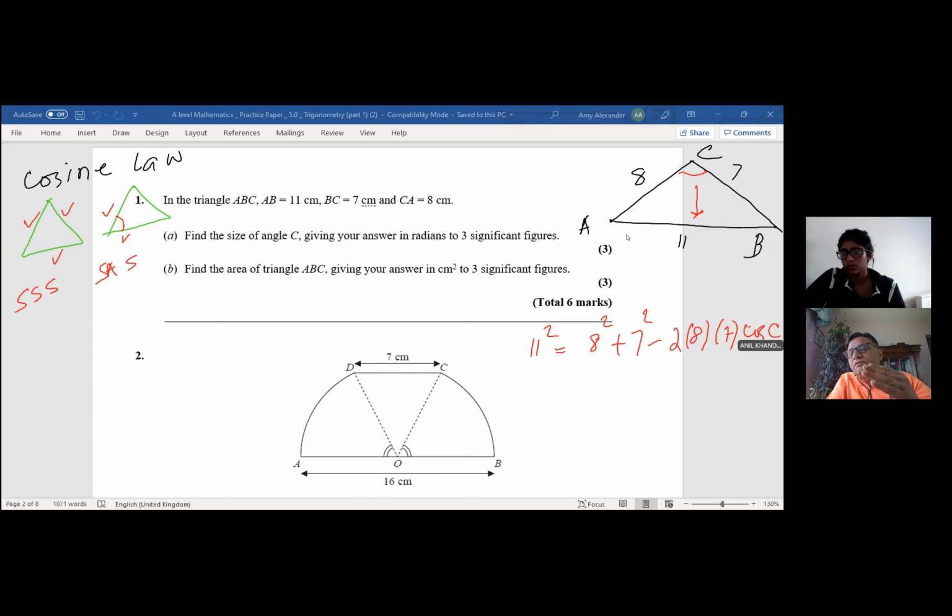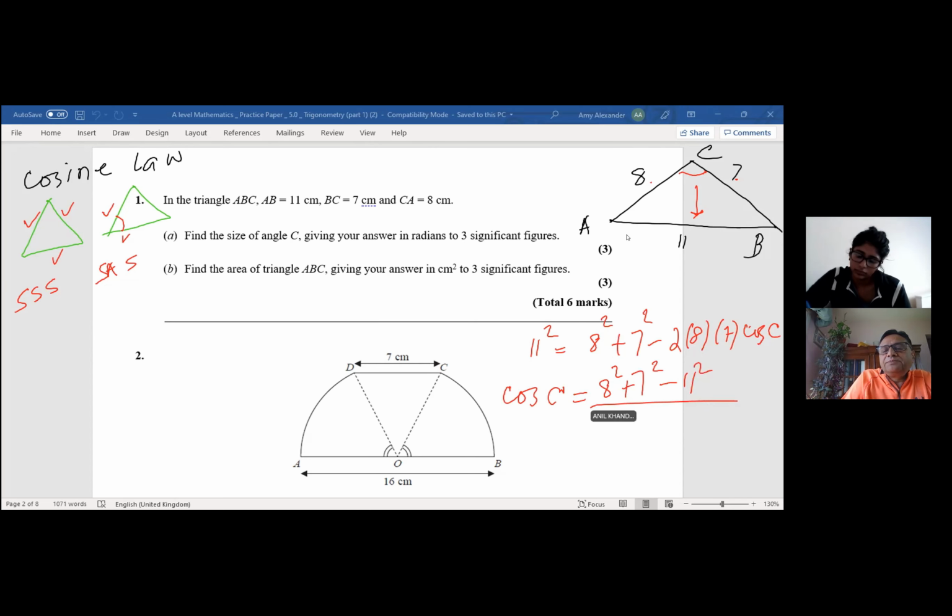So straight away you get the formula. You're looking at the angle of interest and the side opposite to it. Many students should remember this formula, especially you, that it could be directly written as cos C equals 8 squared plus 7 squared minus 11 squared, divided by 2 times 8 times 7. Is that clear to you?